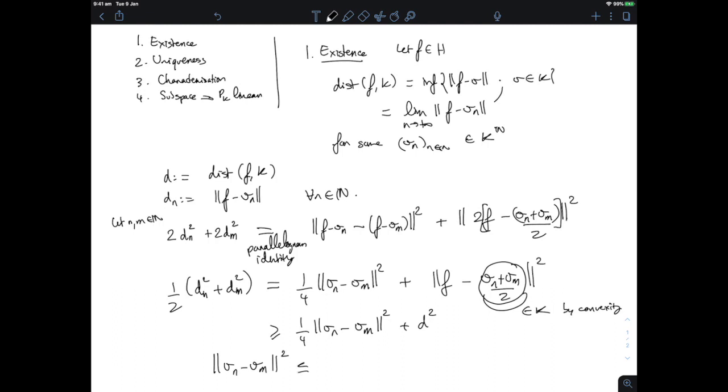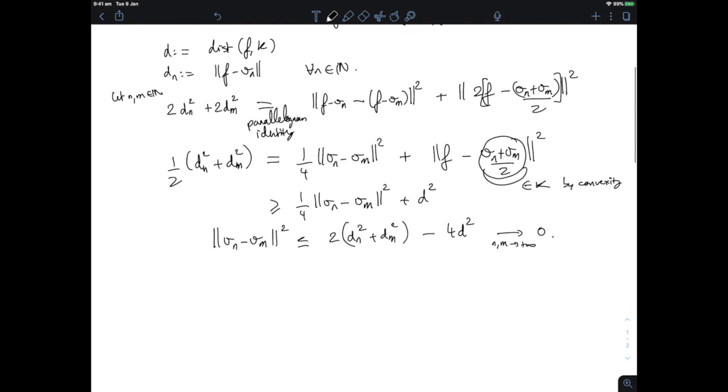This tells me that this has to be smaller than 2 times dn squared plus dm squared minus 4d squared. But dn goes to d, dm goes to d, so this whole thing, if you send n and m to infinity, goes to 0. Now that is exactly telling me that vn is a Cauchy sequence and hence convergent.